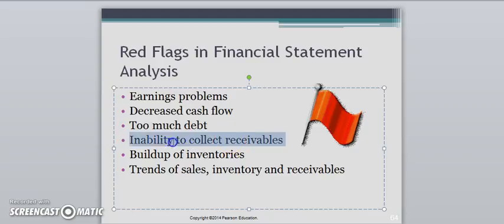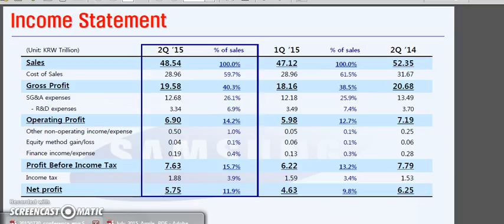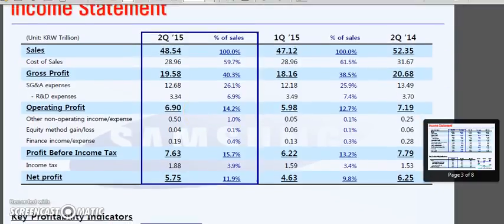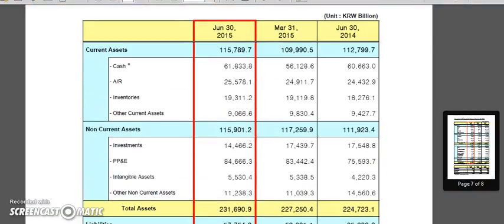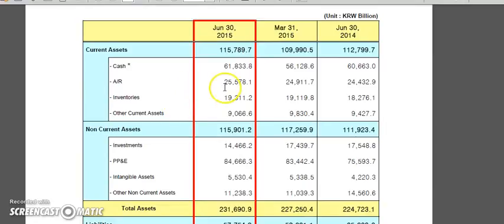Here's another thing, inability to collect receivables. Let me see if I can find this one. So here we are. It's Samsung, and where is that balance sheet? Yes, balance sheet. So the accounts receivable here in Samsung, if you look at it, it's quite a big chunk of their total assets.